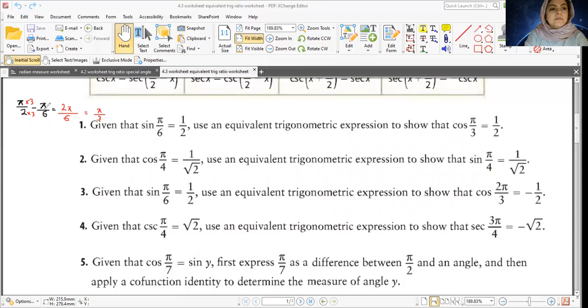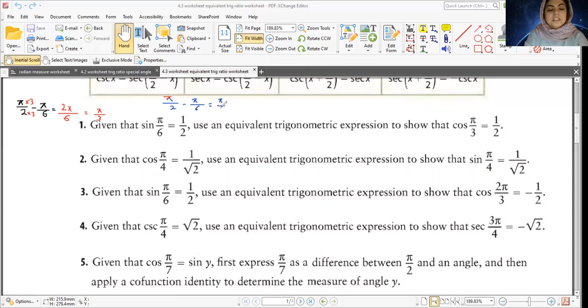Now I'm going to write it down, make sure you understand it. It's very important that you understand that. So since pi over 2 minus pi over 6, I got that to be pi over 3.